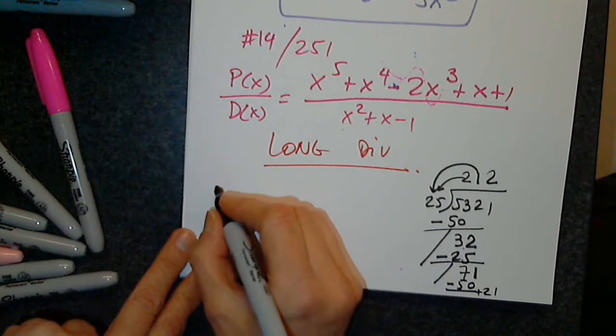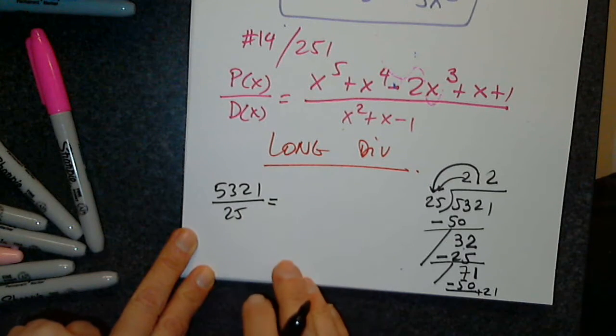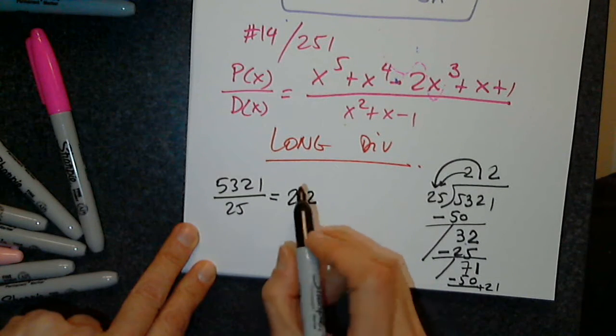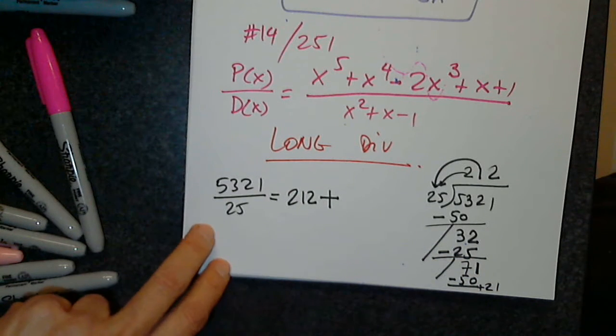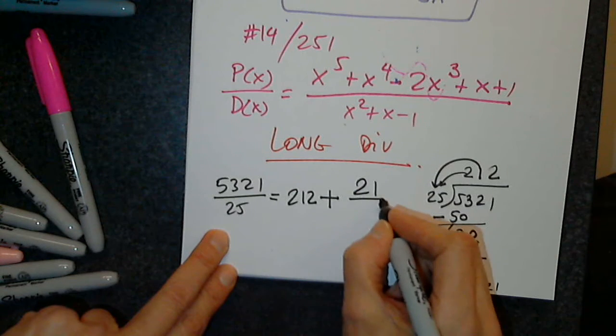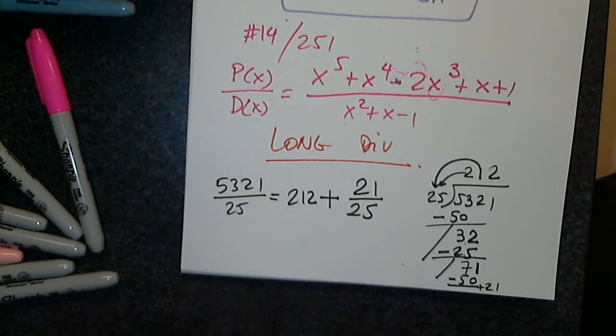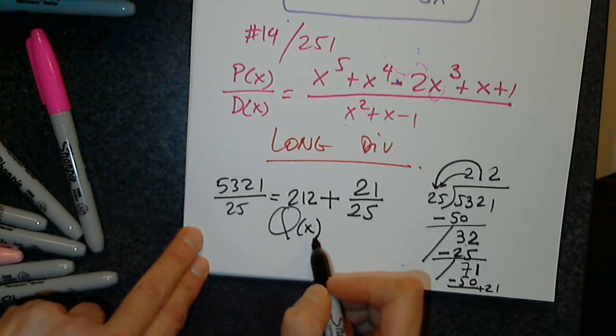How do I write the answer? 5321 divided by 25 is 212 plus, I need that for polynomials, plus the remainder over the divisor, which is 25, because I cannot continue. So this is the quotient.